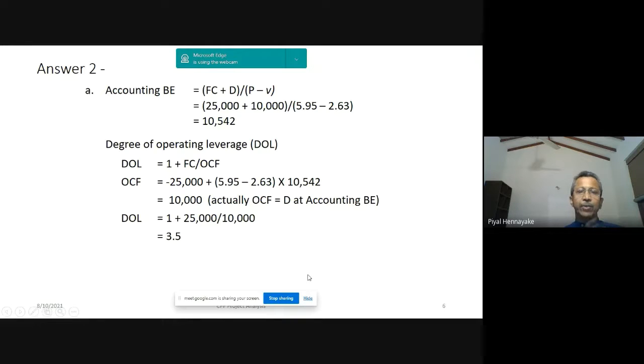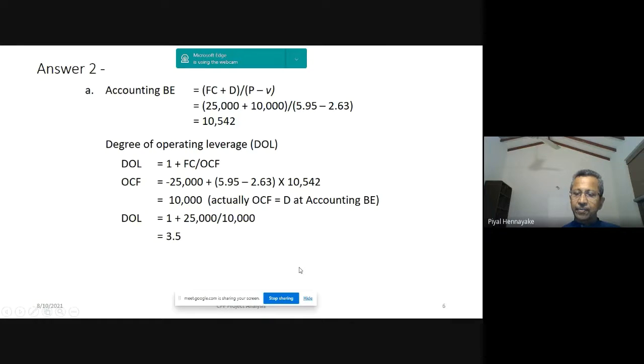So it is easy to remember: cash break even is when operating cash flow is zero. Accounting break even is when the operating cash flow is equal to depreciation, and the financial break even is when the operating cash flow gives NPV zero. Right? So that's how you have to remember.